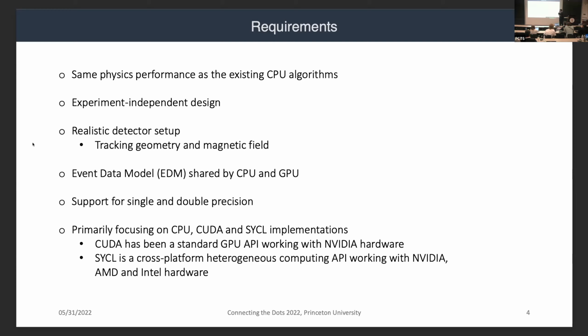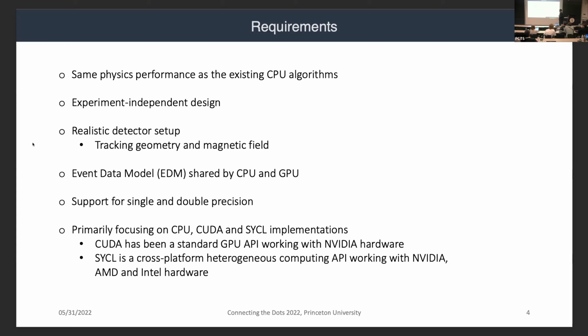For now, we are primarily focusing on the CPU, CUDA and SYCL implementations. The reason for having CUDA is simple: CUDA has been a standard GPU API, working with NVIDIA hardware, and it's the leading GPU API.